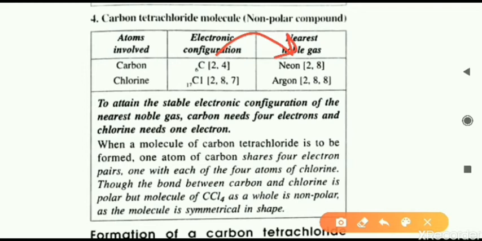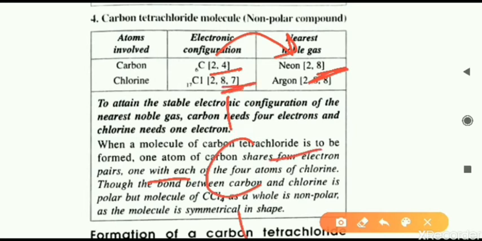How many electrons are needed to behave like neon? You can see here the outermost electrons are 4, and here it is 8. So 4 to 8 means still 4 electrons are required. So carbon needs 4 more electrons. On the other side, chlorine has 7 outermost electrons.